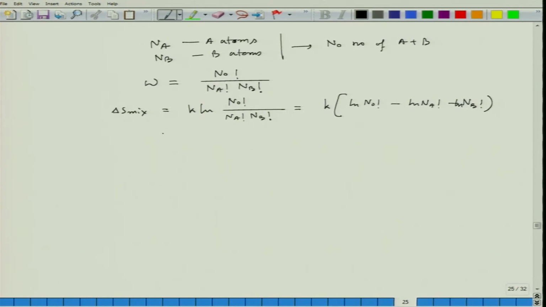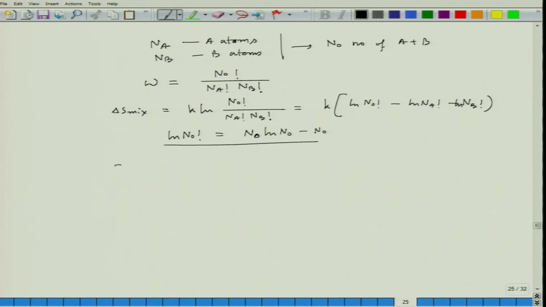We can use the Stirling approximation, which is ln n0 factorial can be written as n0 ln n0 minus n0. Like that, we can also do it for ln na factorial and ln nb factorial. And this entire thing is coming from the mixing of two different species at a particular temperature, because we are fixing the temperature.